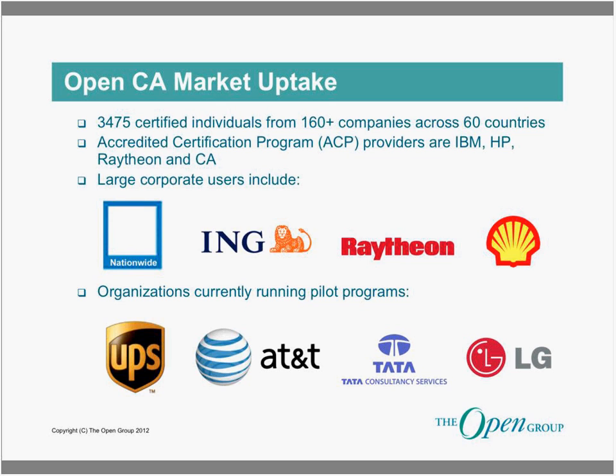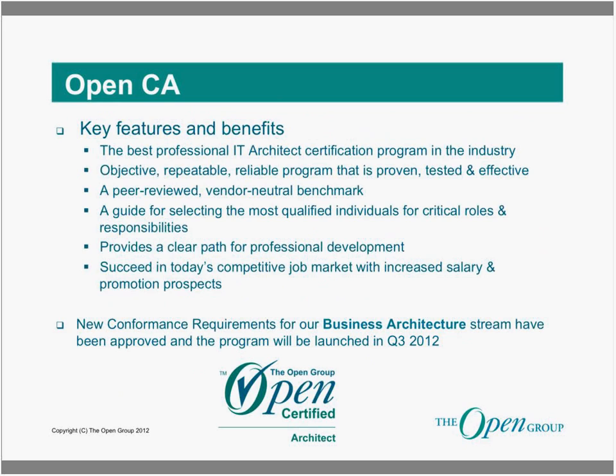We have a wide range of corporate users, typically financial, such as Nationwide, ING, and Intel, and a number of organisations running pilot programs, such as UPS, AT&T, Tata, and LG.